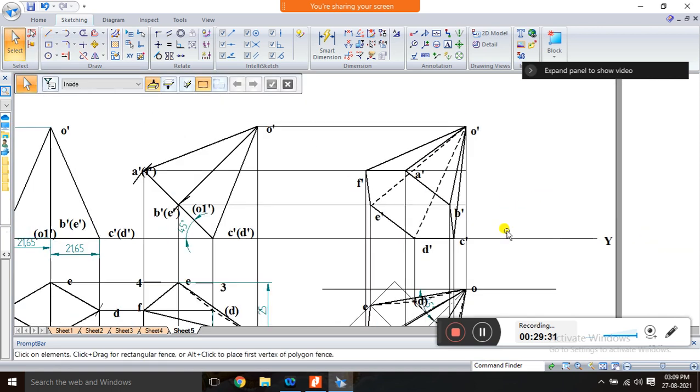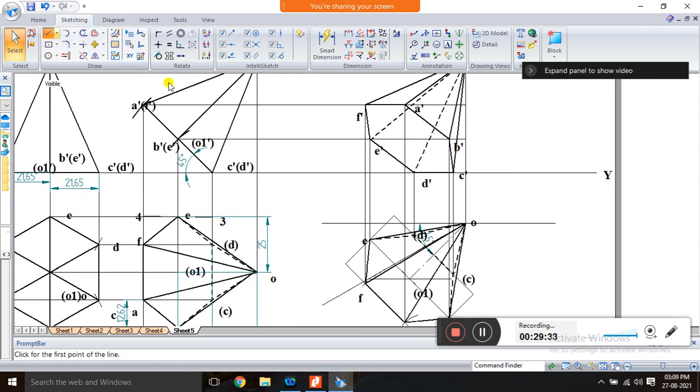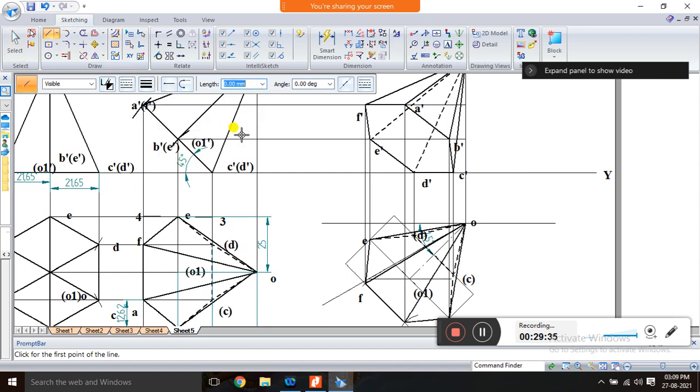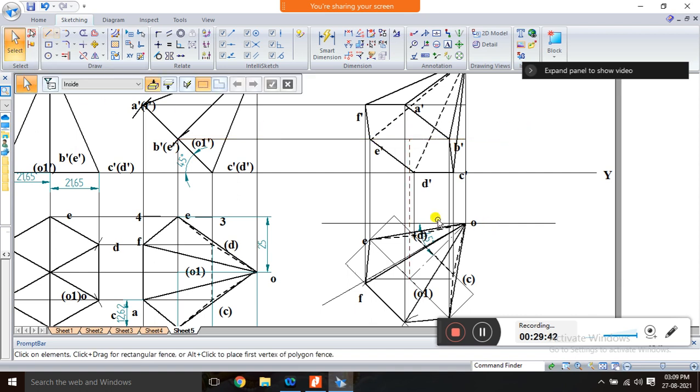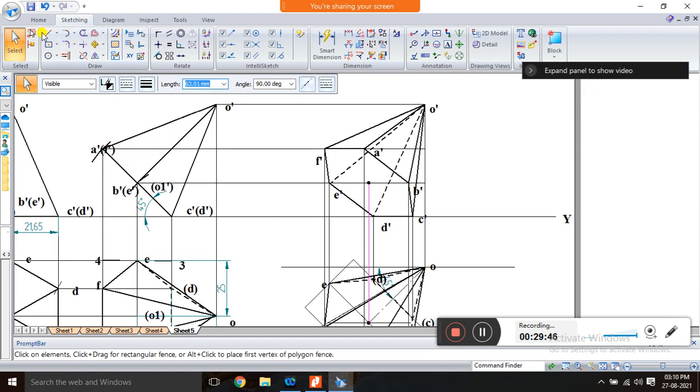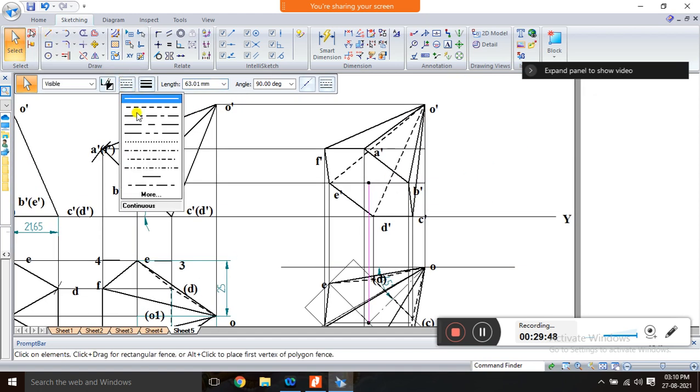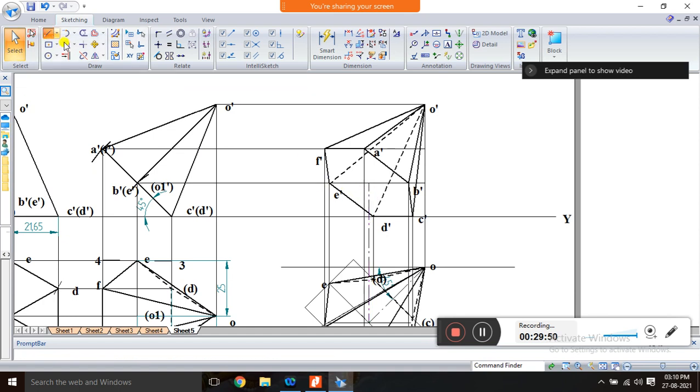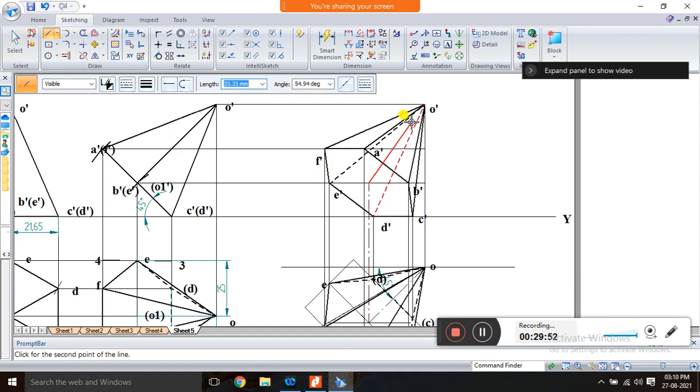And finally you have to mark the axis. This is O to O1 dash. So it is also not visible. So use the axis line from here to here.